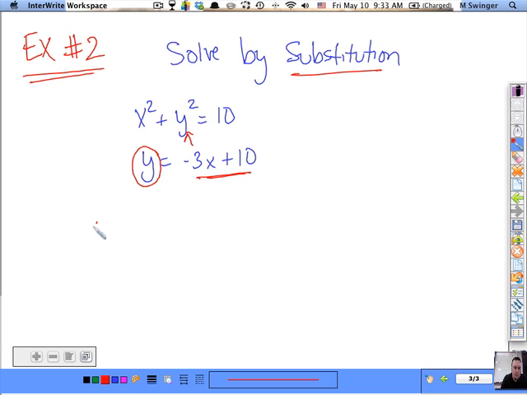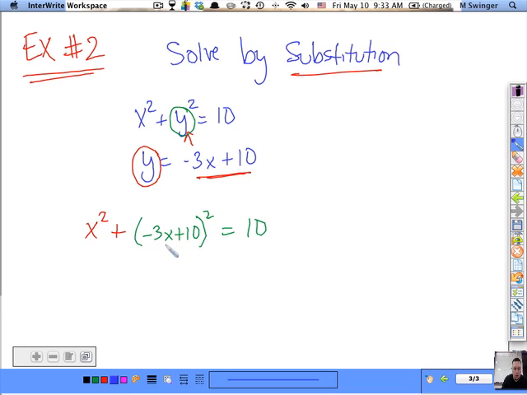So it's going to be x squared plus, instead of y, I'm putting negative 3x plus 10 squared. So x squared plus y squared equals 10. So therefore, do a little work.